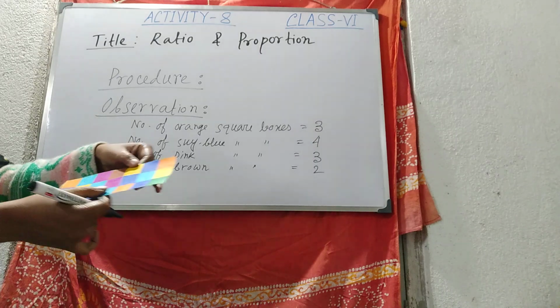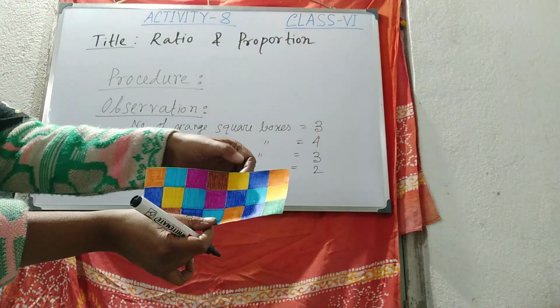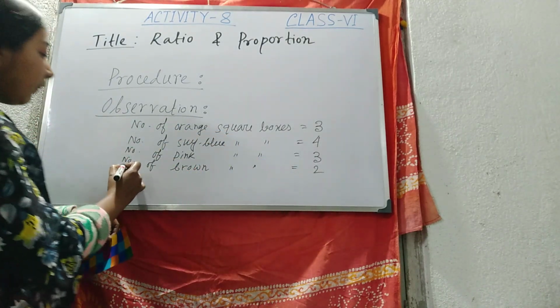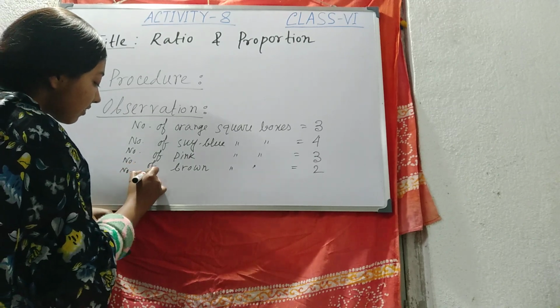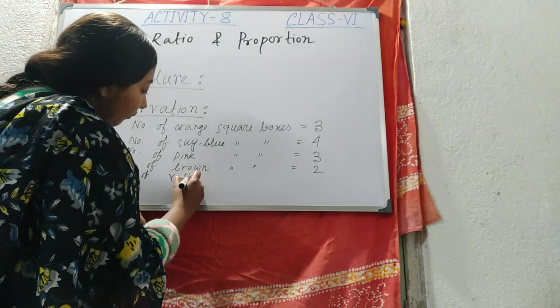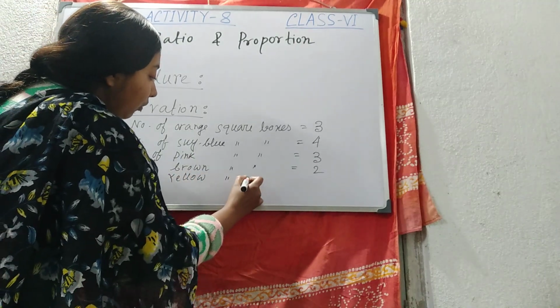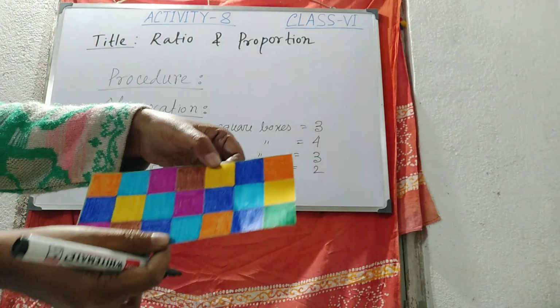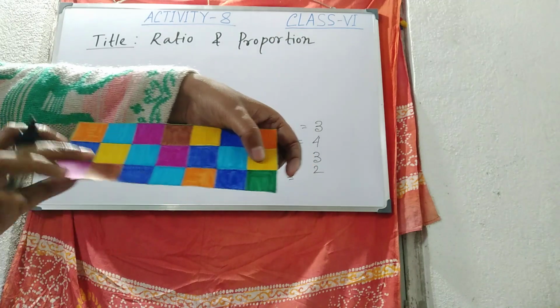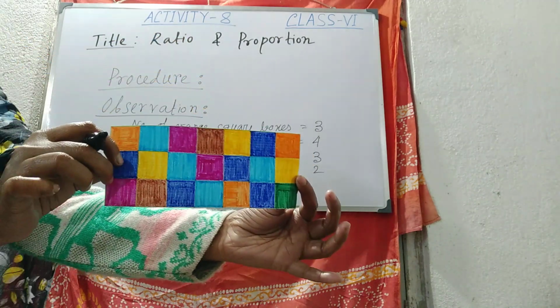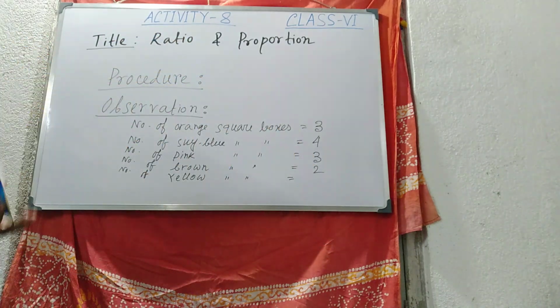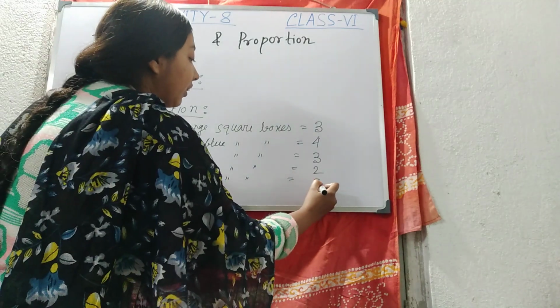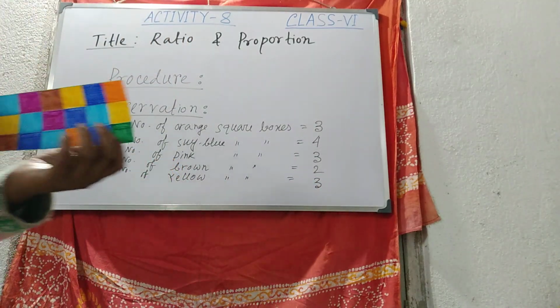Now after brown we can see yellow. So number of yellow square boxes will be equal to 1, 2 and 3. 3 yellow square boxes are there. After yellow, which color can you see?